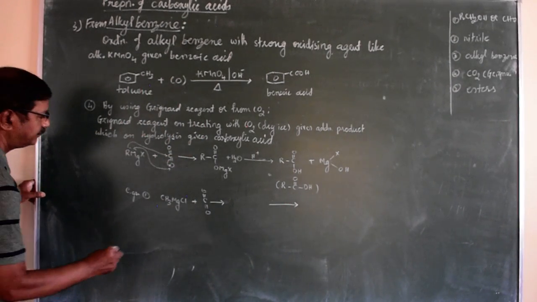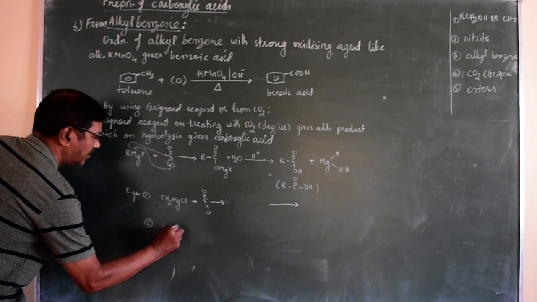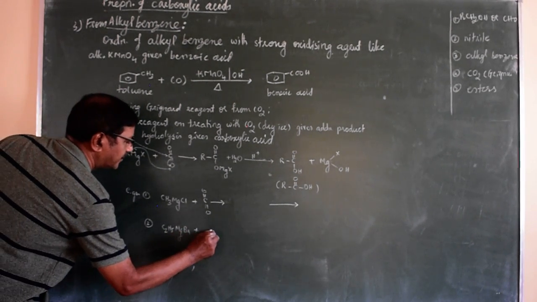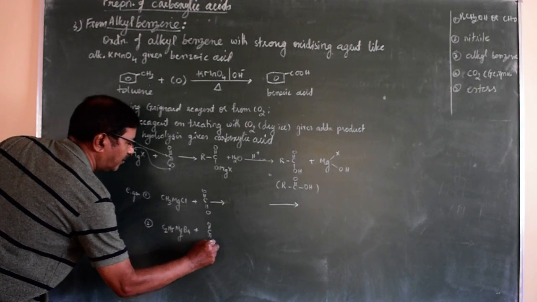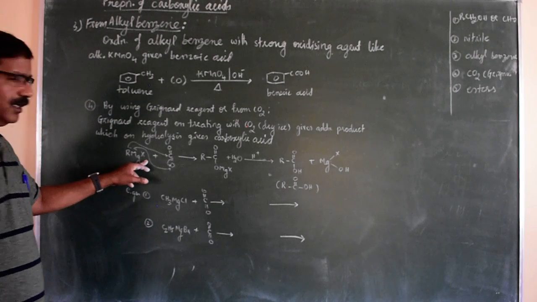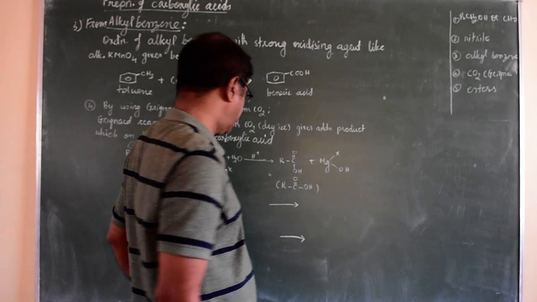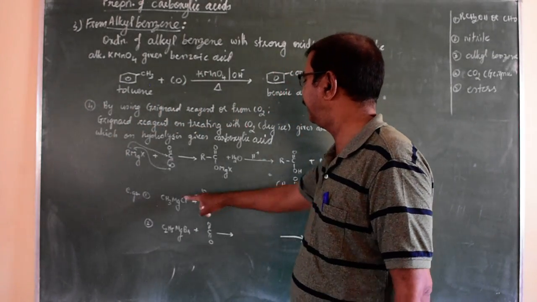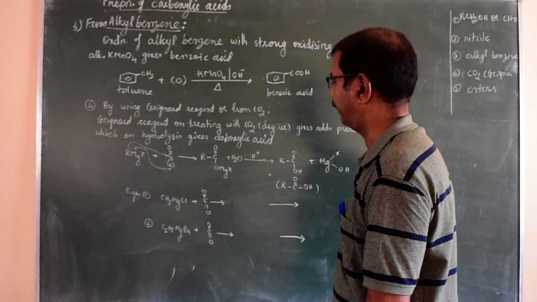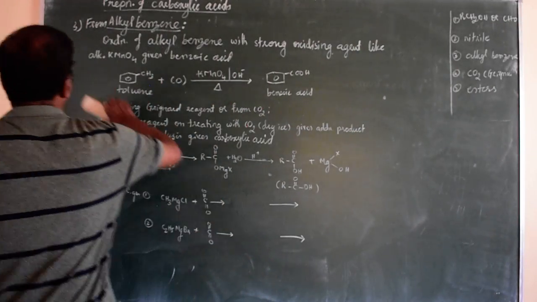Second example, number 2, C2H5 MgBr plus C double bond O double bond O. This one also you have to complete at home. So the general equation we know. With the help of the general equation, you can write the equations with the Grignard reagents, methyl magnesium chloride, and second one ethyl magnesium bromide.